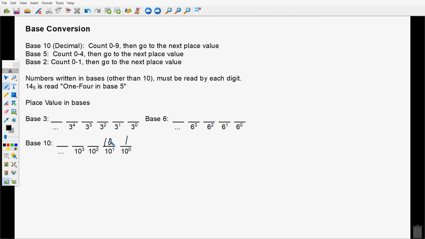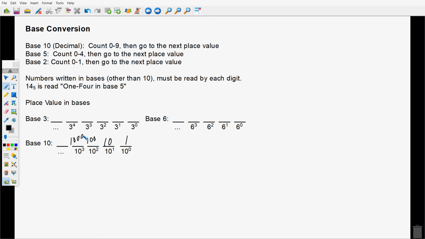After that, you have the hundreds place, because that is 10 to the second power. And after that is 10 to the third, which is the thousands place. But this is the reasoning of why each of these place values is called what it is.